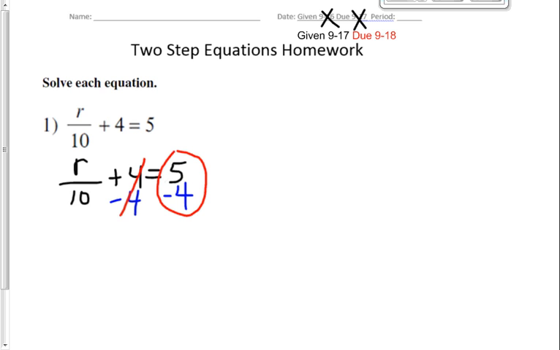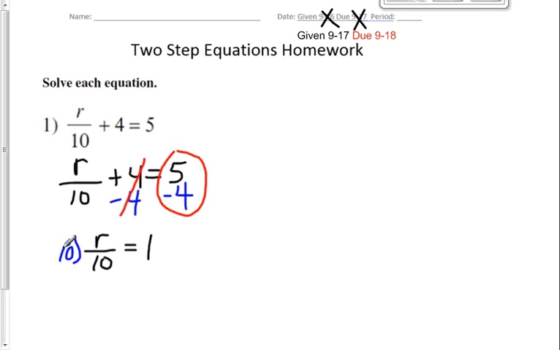Okay? So what we're left with over here is r divided by 10 is equivalent to 5 minus 4. Well, 5 take away 4 is 1. Okay? We're still trying to get that r by itself. They are dividing r by 10, so the opposite of dividing r by 10 is to multiply by 10.